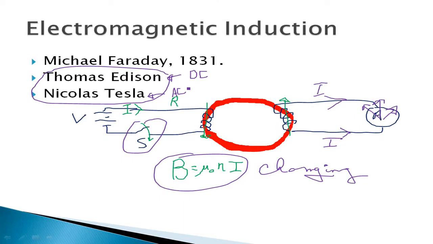Tesla made an acquaintance with Westinghouse, and the transformer was a new device, and the transformer is actually based on the Faraday law of electromagnetic induction. And with the transformer, Tesla showed that you could transmit power over power lines with a very small current but a very large voltage, and they would lose less power to resistive losses in the wires that way.